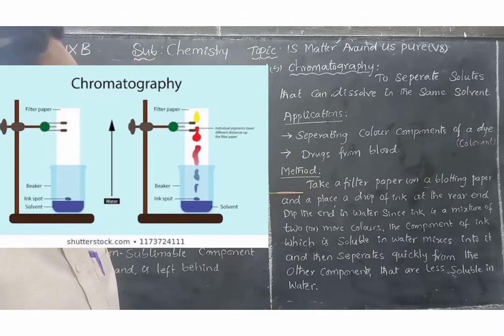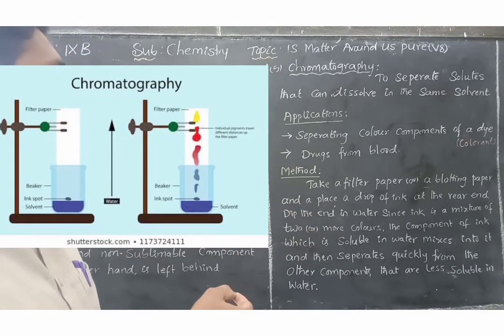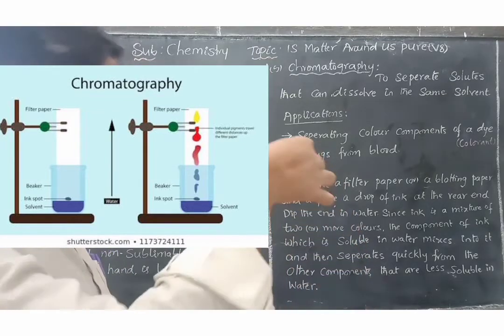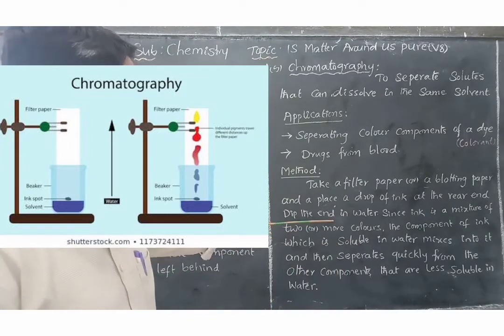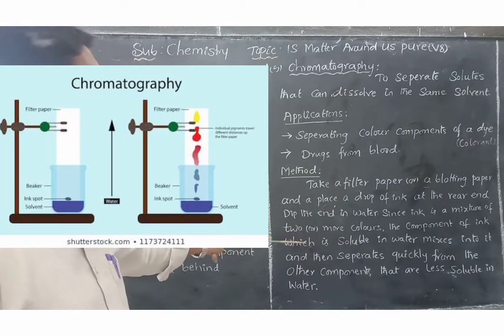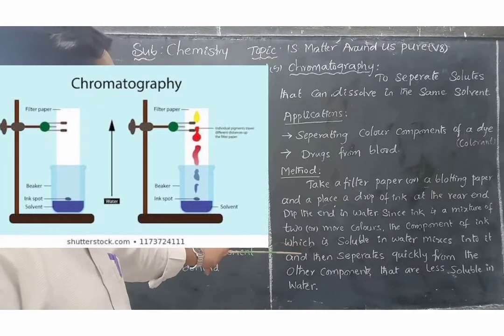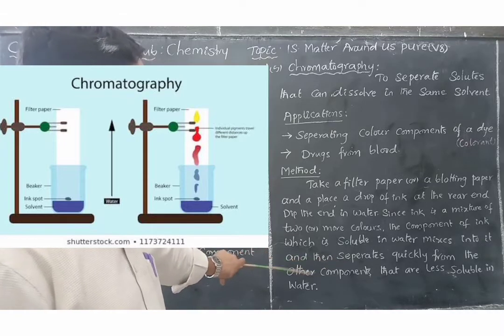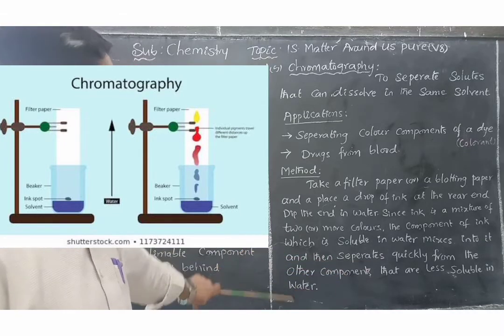Take a filter paper or a blotting paper and place a drop of ink at the rear end, at the corner end. Ink is a mixture of a number of colors. Dip the end in water. Since ink is a mixture of two or more colors, the component of ink which is more soluble in water dissolves and separates quickly from the other components that are less soluble in water.